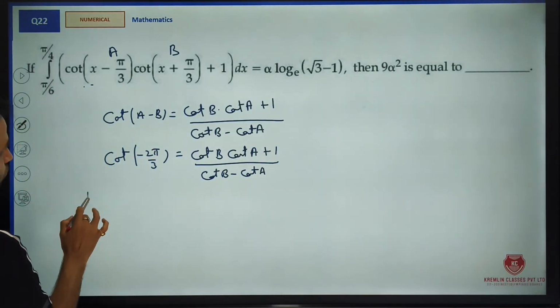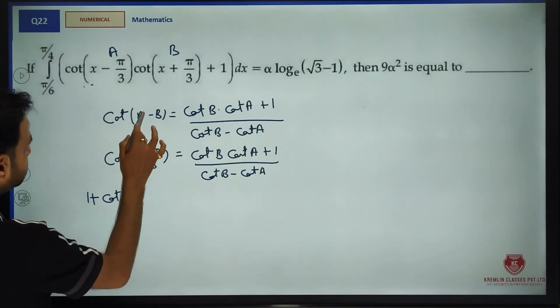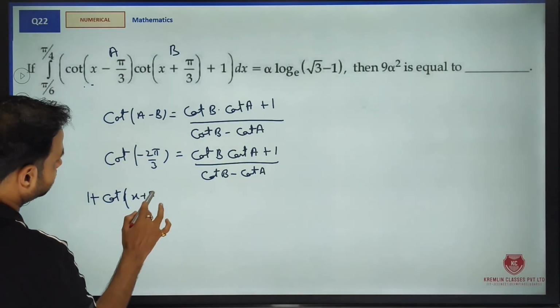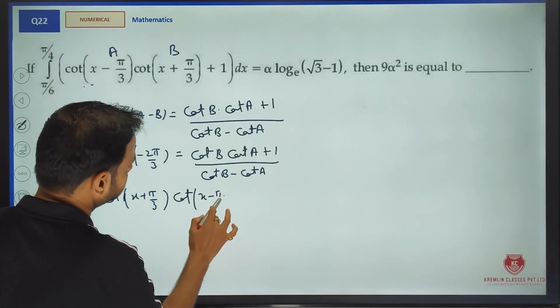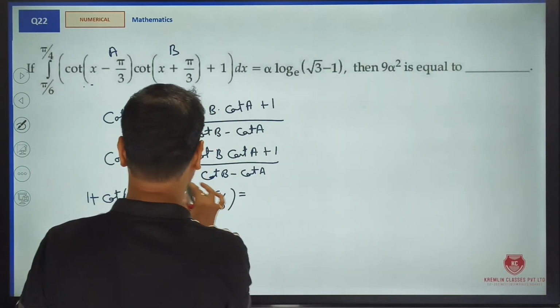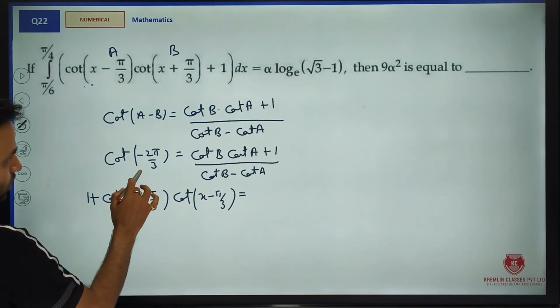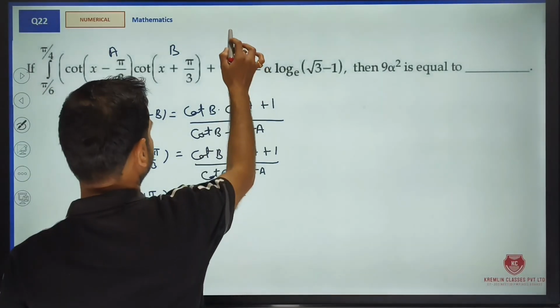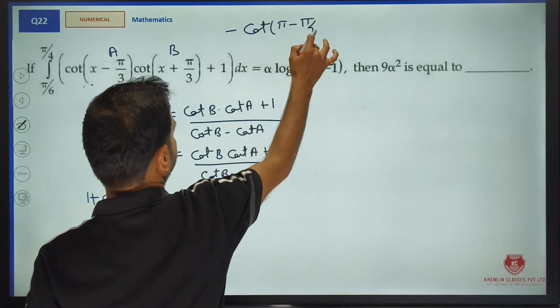So 1 plus cot B cot A, cot B means cot of x plus pi by 3, cot A means cot of x minus pi by 3, that is given by, this will be minus cot of pi minus pi by 3.